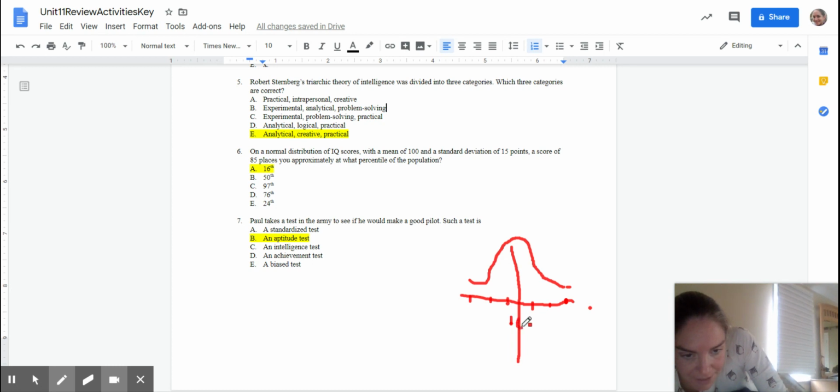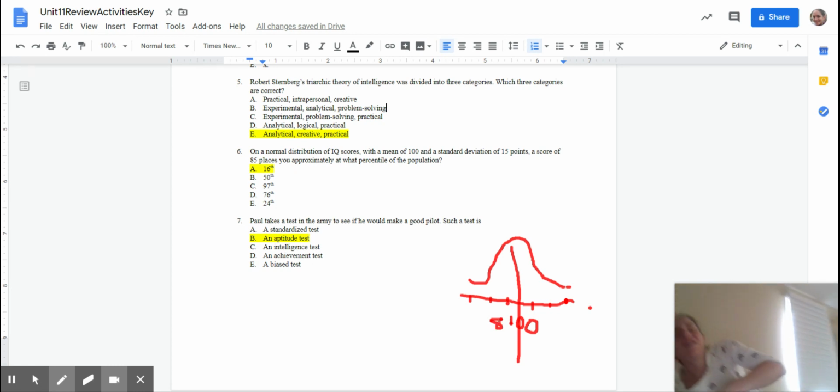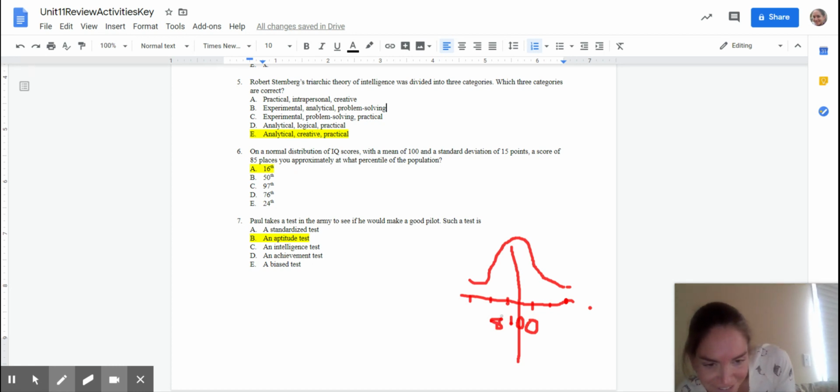And if the standard deviations were 85 and 115, within that 85 to 115 is 68% of the population.